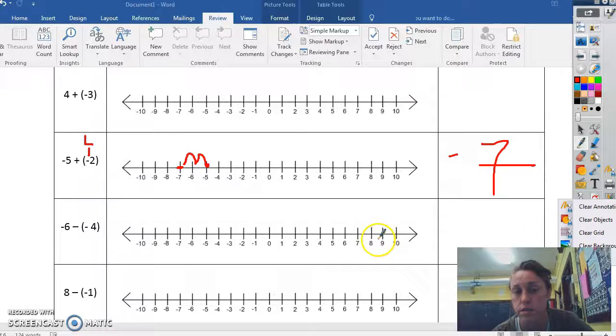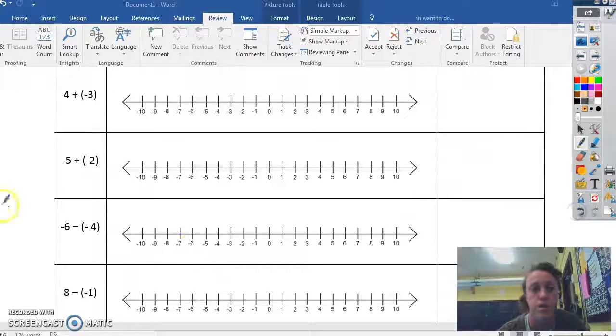Okay, and I have to clear this. So we're going to start off at -6. Now this tells us to go left or the opposite. This tells us to do our left again, which turns into a right. And so that is 6 minus, those two negatives become a positive.